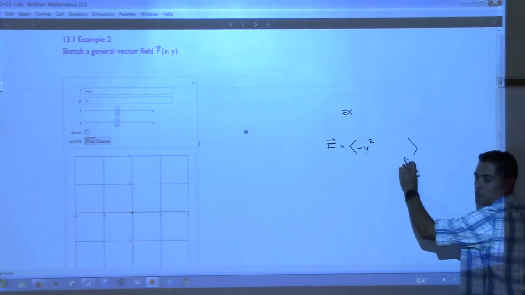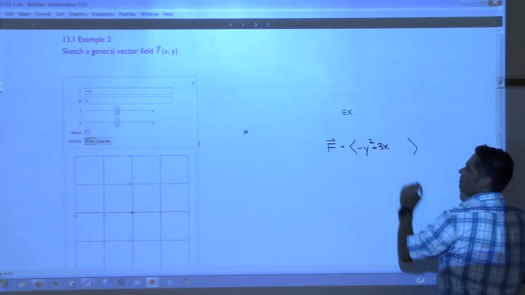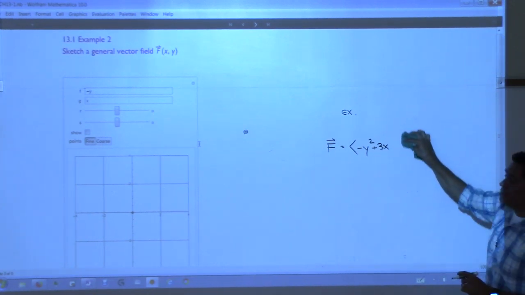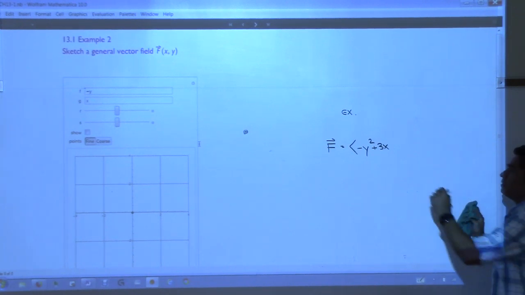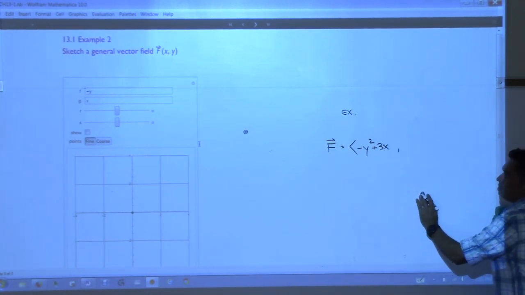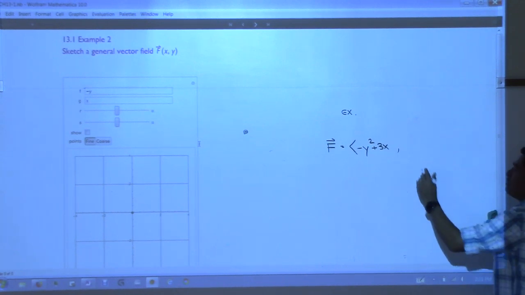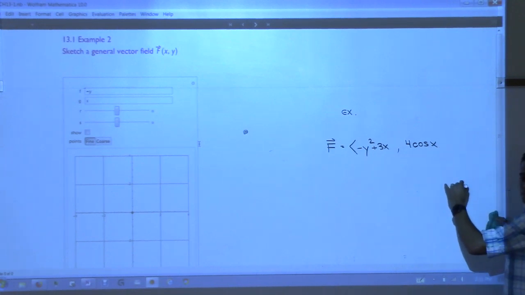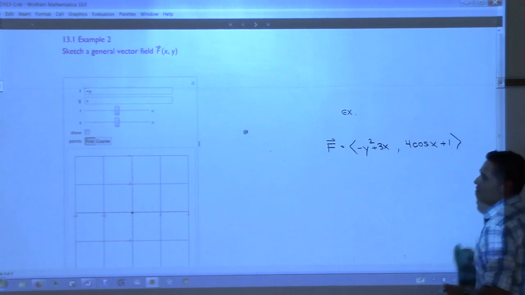Okay, how about I add 3x in there, like that? Because you can have x's and y's mixed. You want to do the y component? Sure. 4 cosine x, plus 1. All right, there we go.